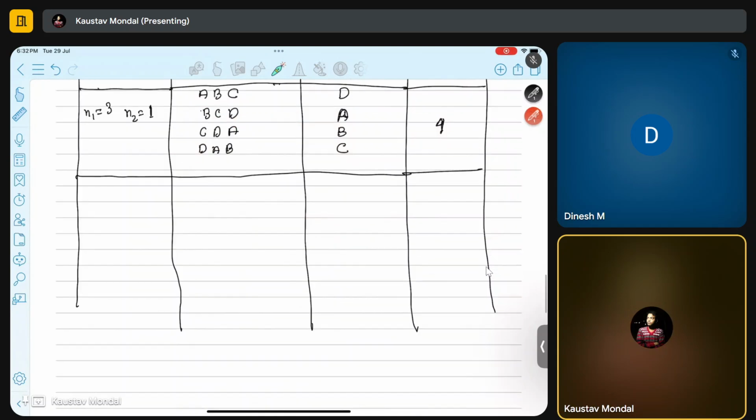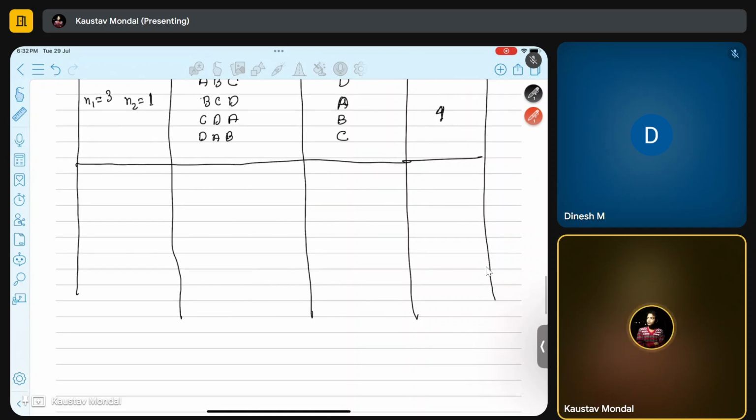Then there is also another macro state where, let's suppose, the number of coins that are having head is 2, and the number of coins that are having tail is 2.